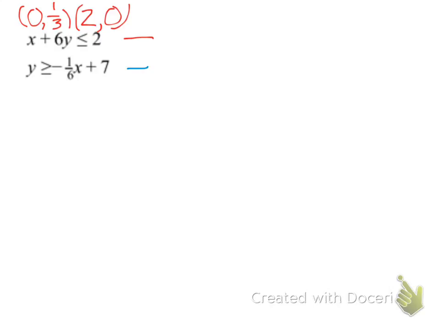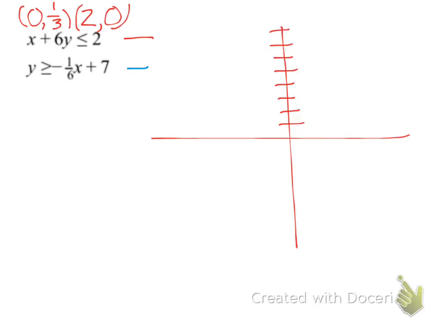The other one's in slope-intercept form, so I think we can graph it straight from there, right? So let's make our graph. So, we know they're both solid. So 0, 1/3 is approximately 1/3 of the way up.